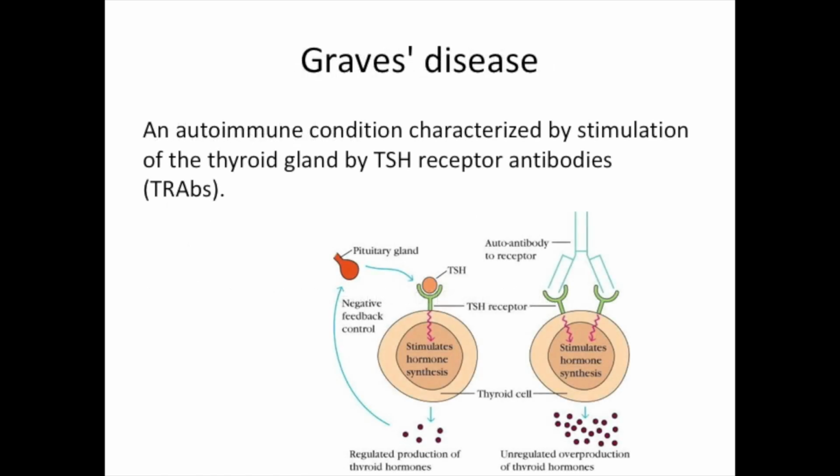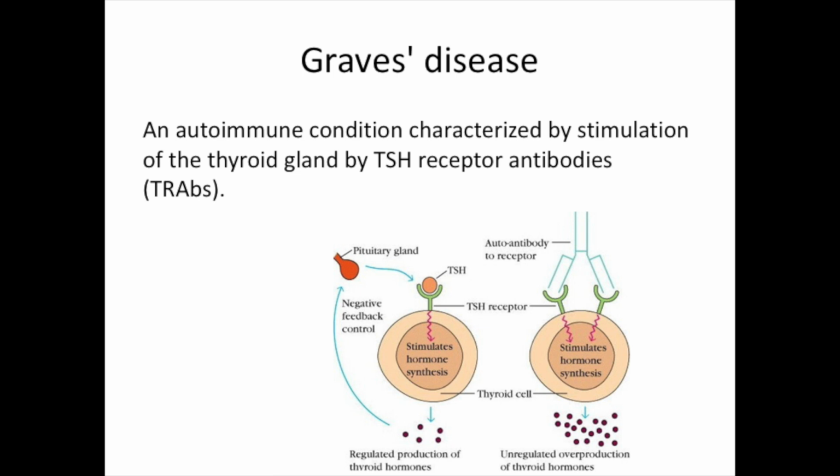Graves' disease. You know from the basic science that Graves' disease is an autoimmune condition. It's caused by the thyroid releasing antibodies that bind the TSH receptors at the thyroid cell, promoting and enhancing the cell to form more and more thyroid hormone and to release it into the circulation.